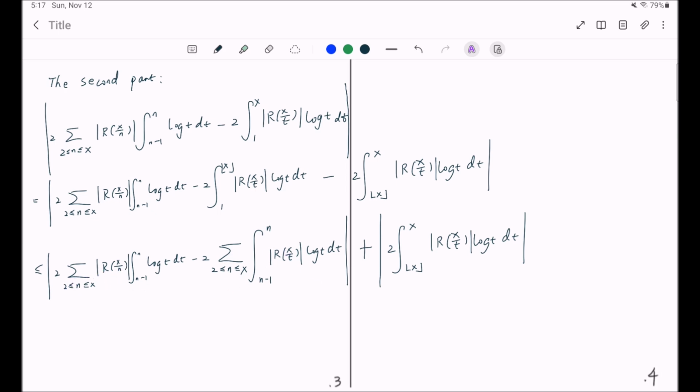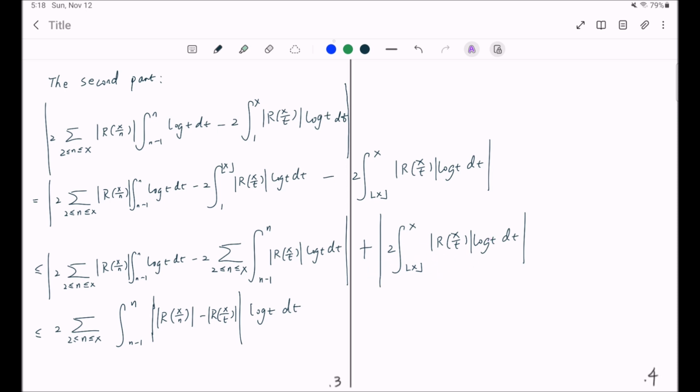This guy is less than or equal to the summation for n bigger or equal to 2 and less than or equal to x, of the integral from n minus 1 to n of this absolute value. So that is the first part. We'll leave this alone and look at the second part.